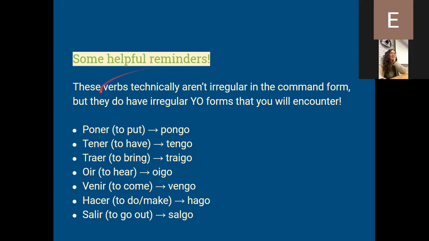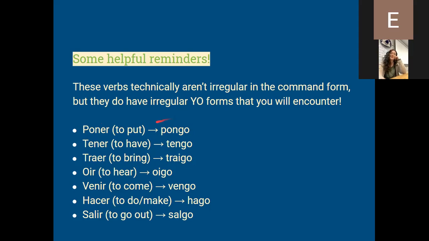And this isn't completely necessary, but I figured it would be super, super helpful. So there are some verbs that technically aren't counted as irregular in the command form, but they are irregular in their yo forms. So these are what we call go verbs in Spanish, because the yo form ends in go. They have a random G in the yo form.